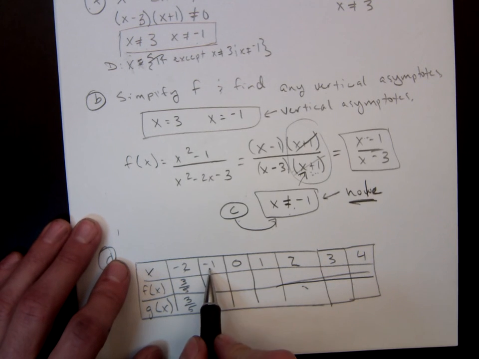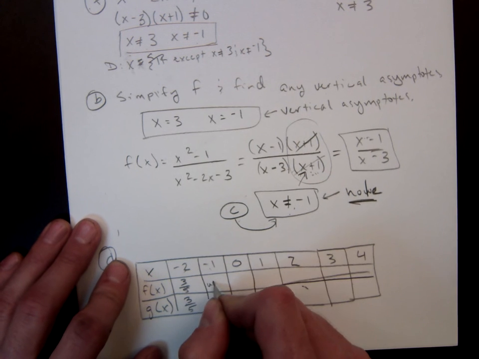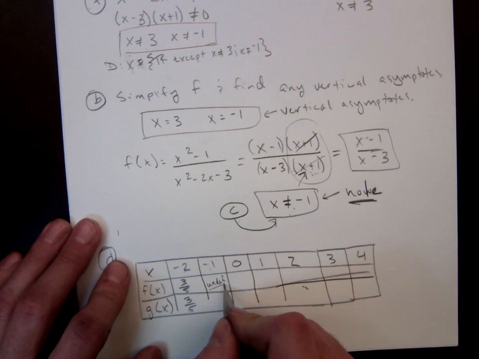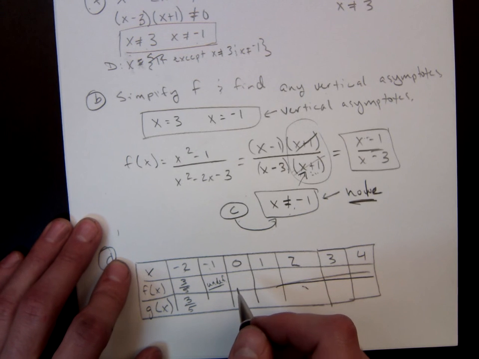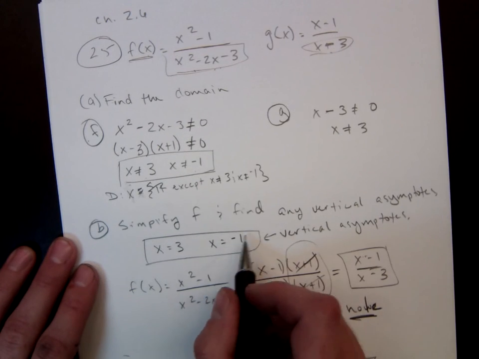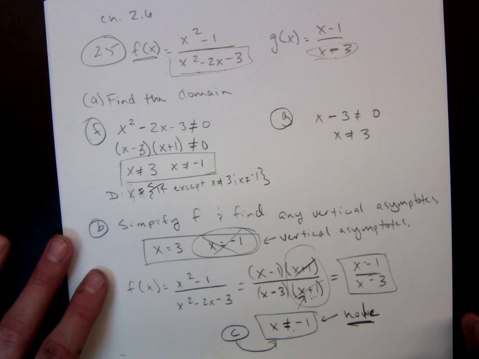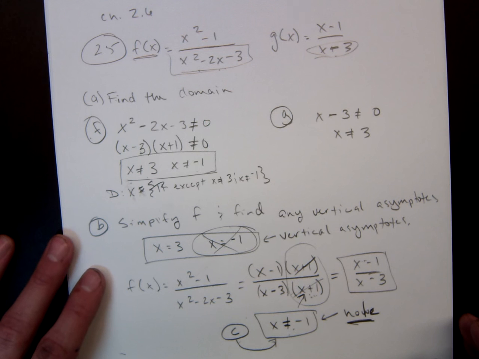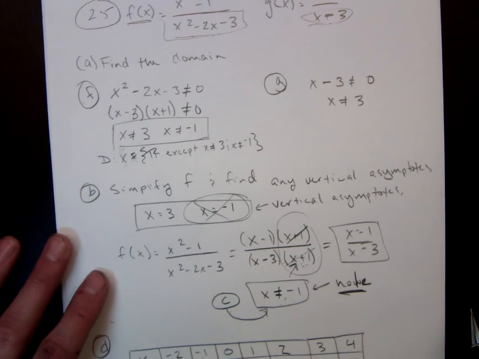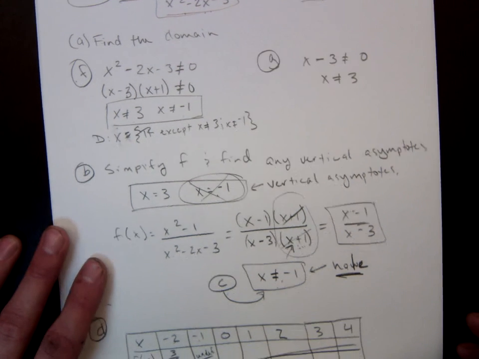Well, I know at -1, that's where I have a hole, so my graph is in fact undefined at that point. Oh, and going back real quick, if you verify graphically, I apologize, x equals -1 in fact isn't an asymptote. That actually just works out to a hole, which is what we found in C. And I'll clarify in class tomorrow exactly how we can tell the difference between a hole and an asymptote.